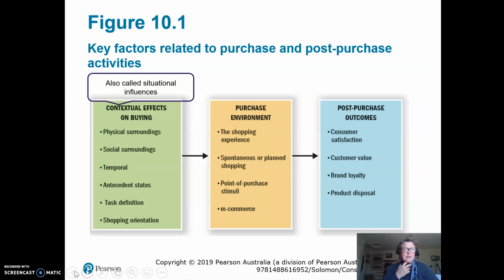So task definition is interesting because often we talk about consumer behavior being about problem recognition. And sometimes the way we solve a problem differs. So some people might want something to get them from A to B. It might be a car, it might be a train ride, it might be a taxi, they might walk, or they might ride a bike.